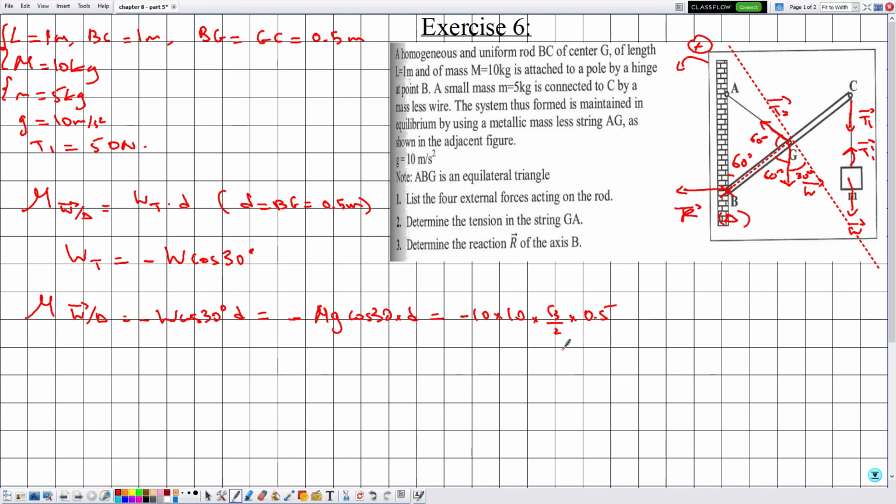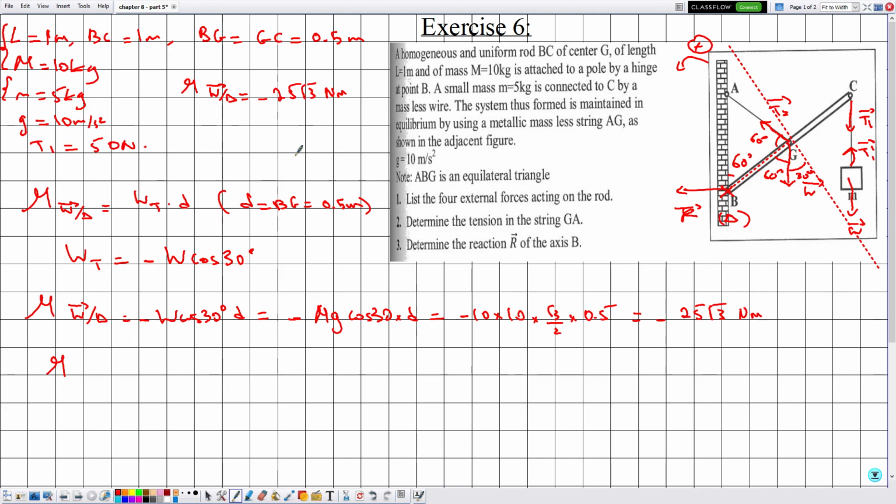Indeed, multiplied by 0.5 multiplied by 10 multiplied by 10, which is equal to 25 radical 3 newton meter. So the moment of the weight around the axis delta is equal to minus 25 radical 3 newton meter.